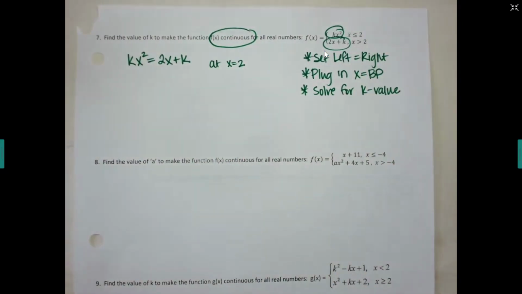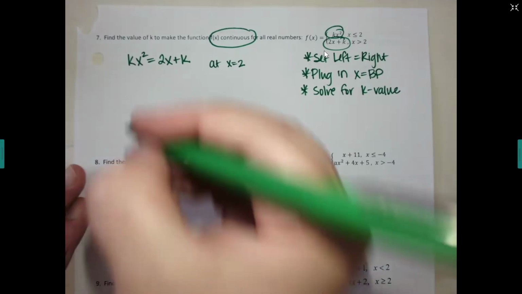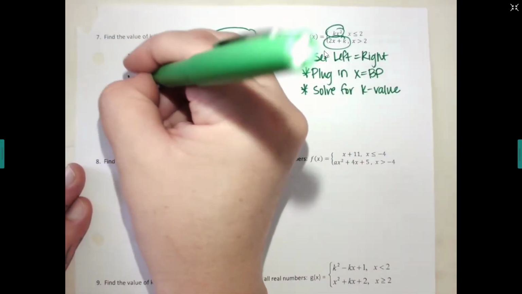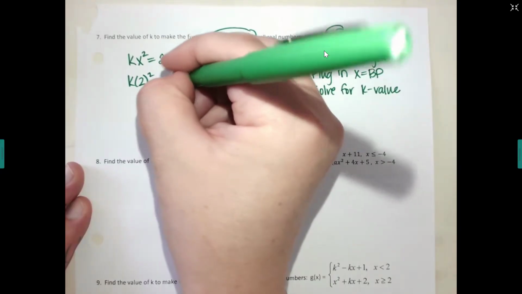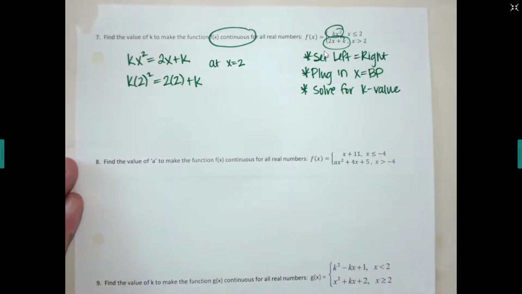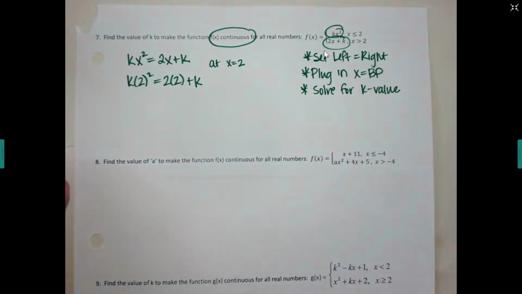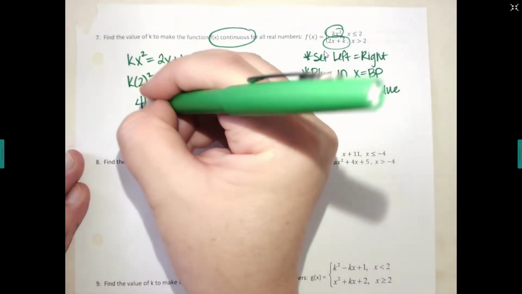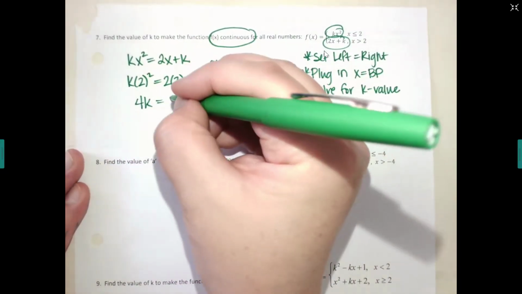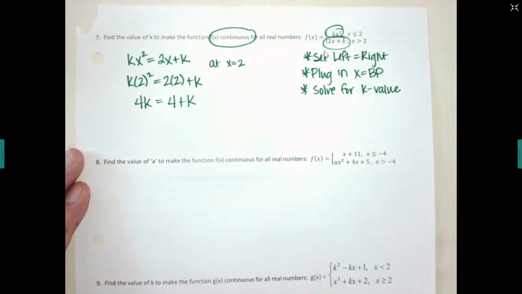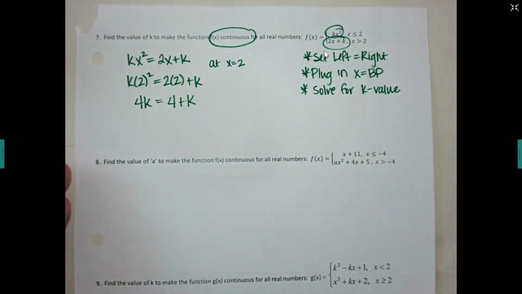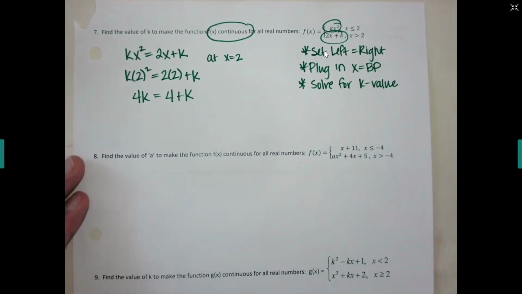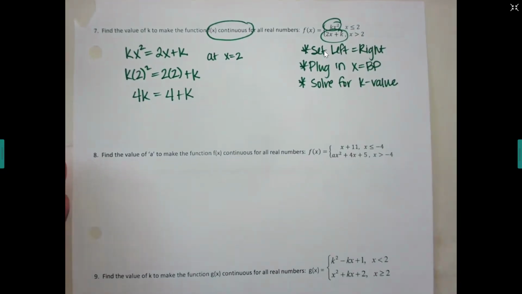And then we're going to put that 2 into the x spot. So this is now a k times 2 squared. This is a 2 times 2 plus k. What is that left side going to equal? 4k. Okay, then 2 times 2 is 4 plus k. What do we do next? Don't move the 4.